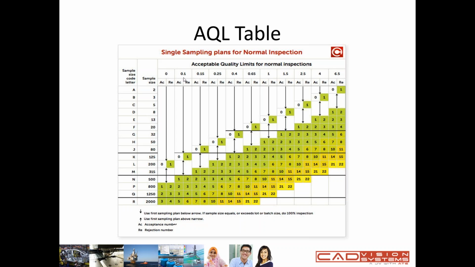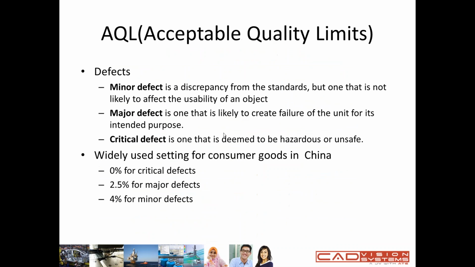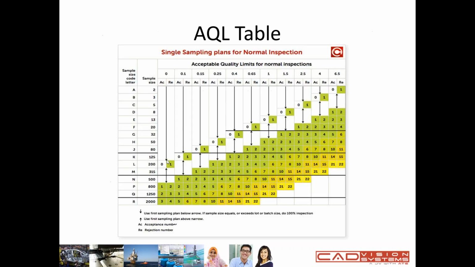Next you look at the major defect, which is 2.5%. Look at 2.5% and row L, and you can see number 1 and number 2.